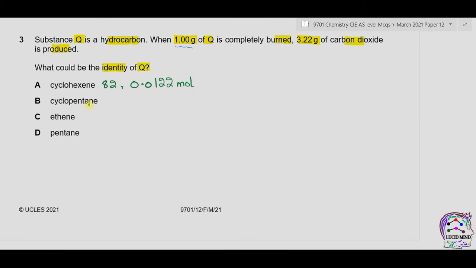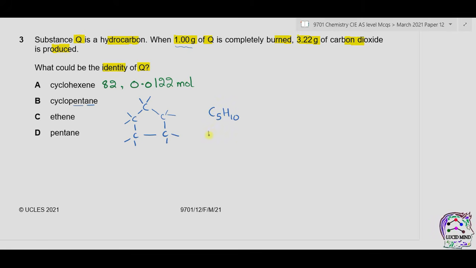Similarly, B is cyclopentane. Pentane means we have 5 carbon atoms and it is alkane. All carbon-carbon bonds should be single. Each carbon atom is making 4 bonds, so we have 2 hydrogen atoms with each carbon. Now the molecular formula is C5H10.